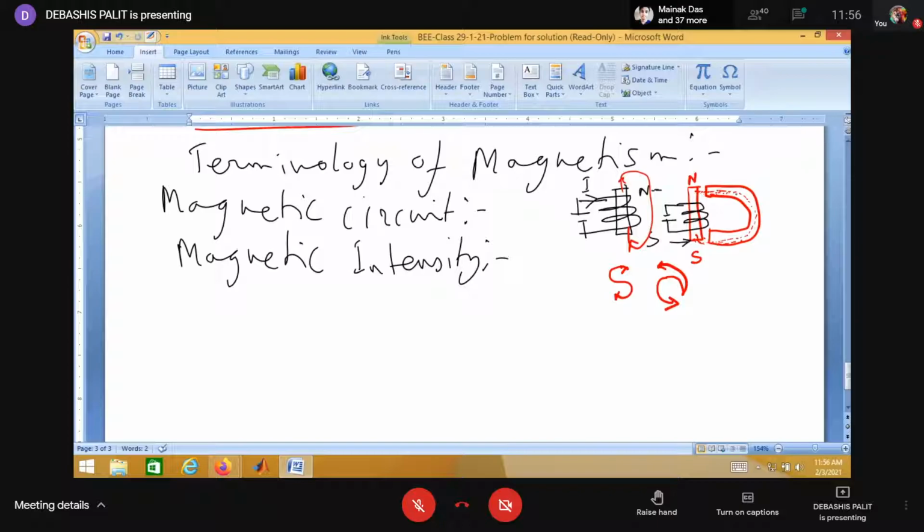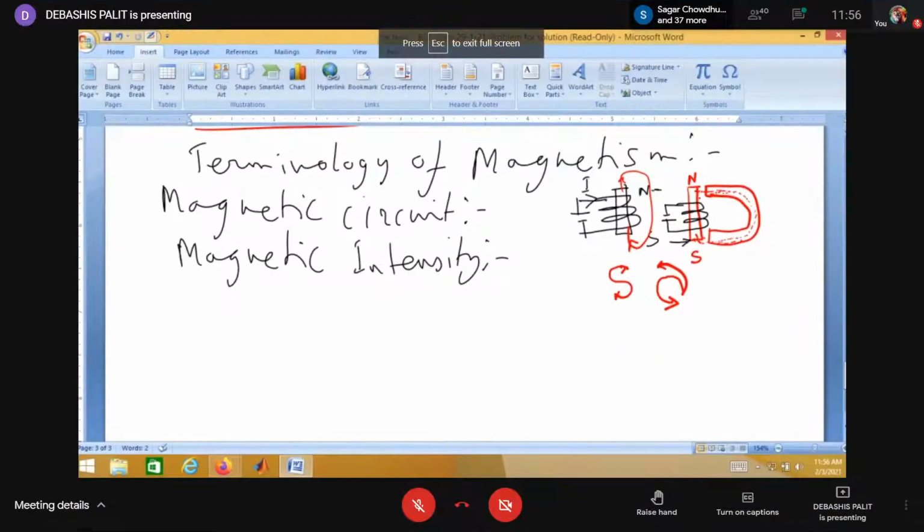The property delivering this is the permeability. When the permeability is more, as for iron, the flux will flow easily through the magnetic material, and the permeability of air is quite low compared to the magnetic material.